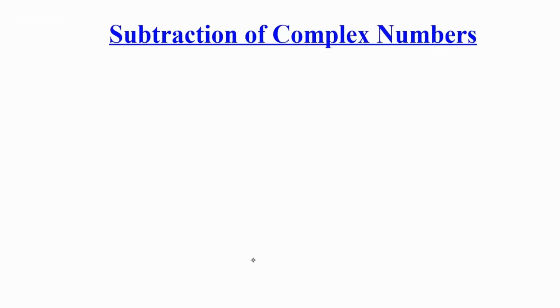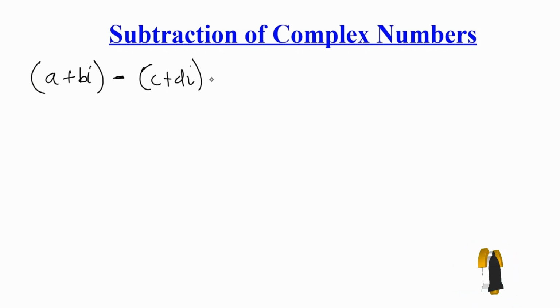With the subtraction of complex numbers, we are taking into consideration two complex numbers, of which the first one here is a plus bi, and then the next one is minus that of c plus di. Here, we can see that the minus is affecting the second complex number.